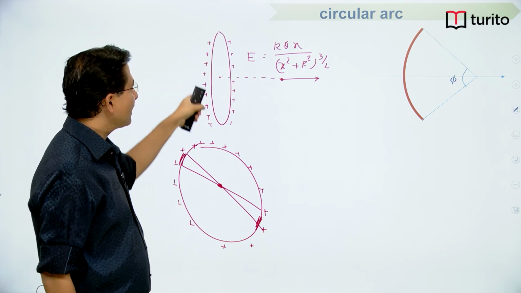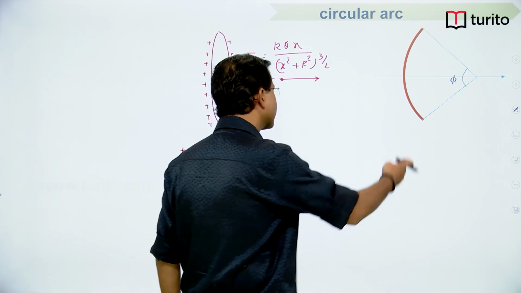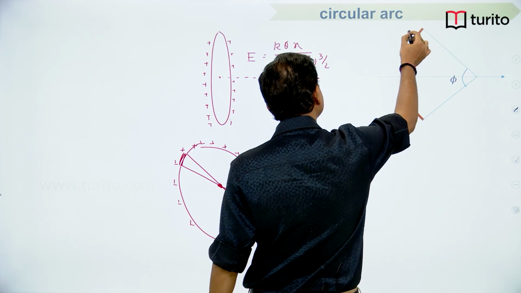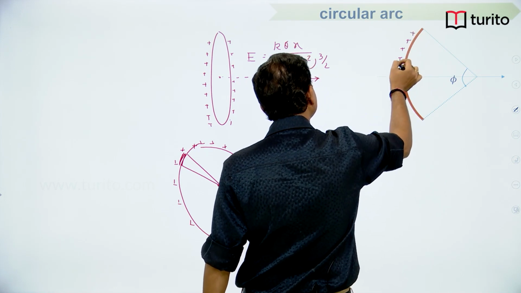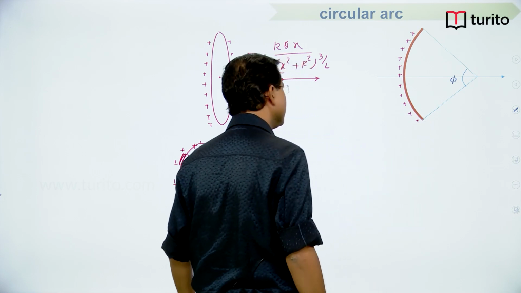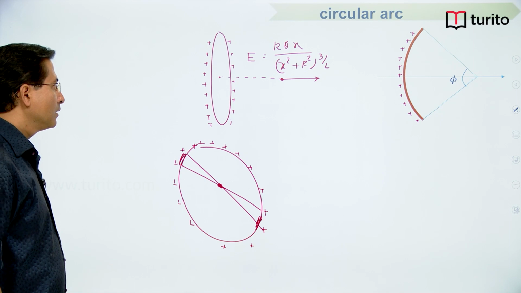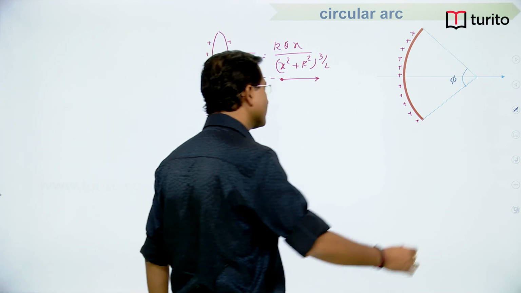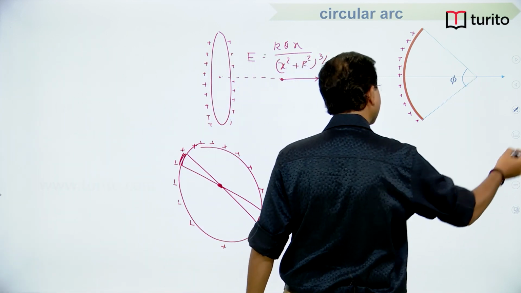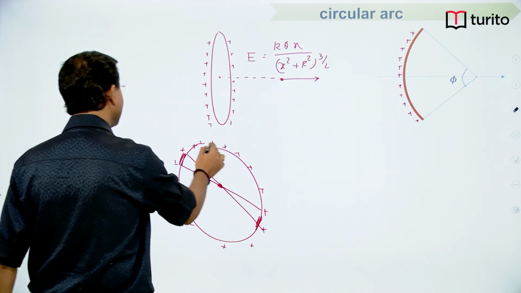What if I take a part of this ring, an arc? In this situation I have taken the arc, right. So, a positively charged arc, and I want to find out the field at this particular point.